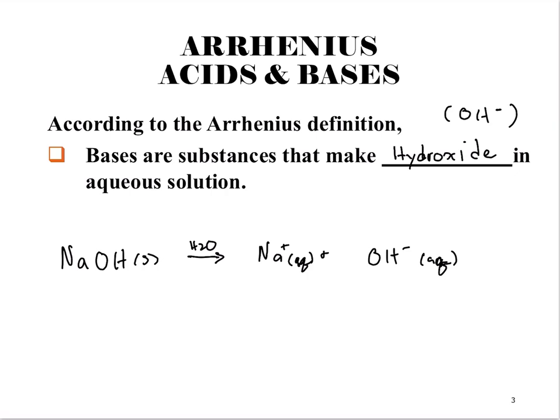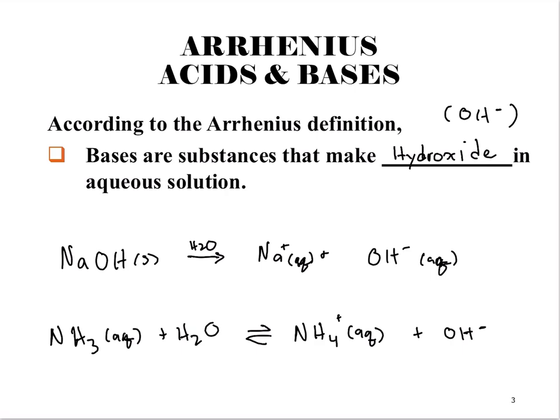Sodium hydroxide, for example, is what we would call a strong base, and I'll talk a little bit about what that means in a second. But if we have something that's a weak base, like ammonia, NH3, and we put that in water, we can also have something where we create hydroxide by taking a proton from the water molecule, right?